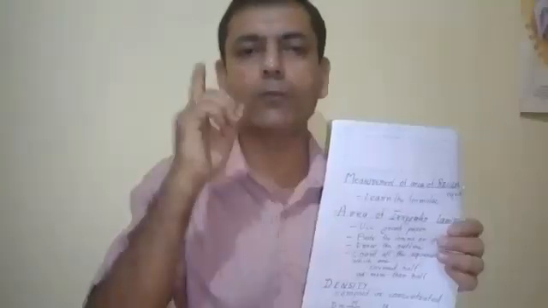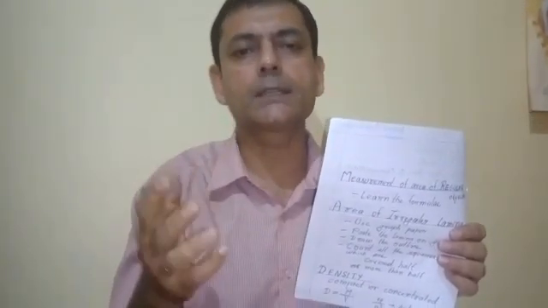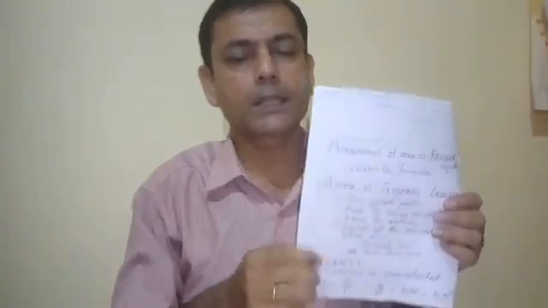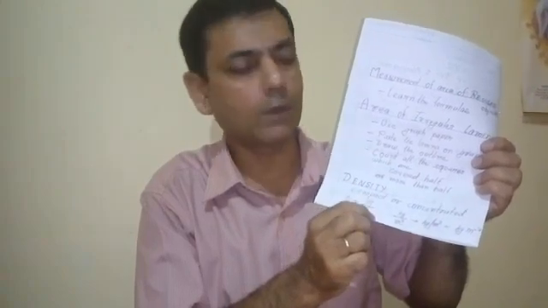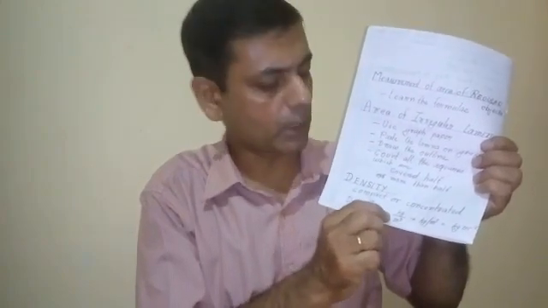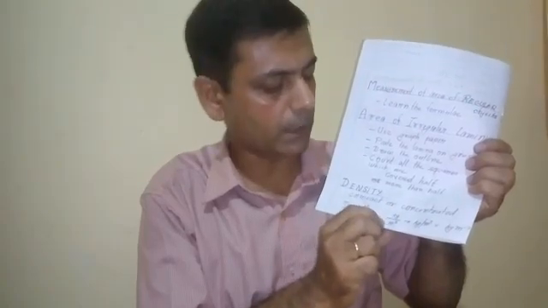So now we can define density. So what is density? Density is the mass per unit volume. That means for 1 unit volume, like for 1 centimeter cube, what is the mass? That gives us the density of the substance. The density of a substance is given by the formula density D is equal to mass by volume, m over V. And now we know that mass has the SI unit kilogram, and volume has the SI unit meter cube.